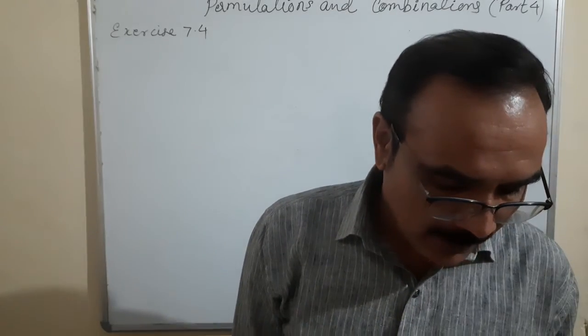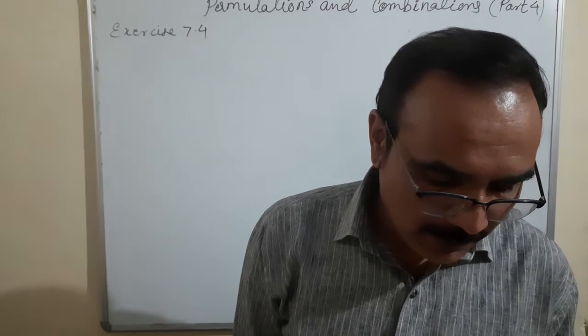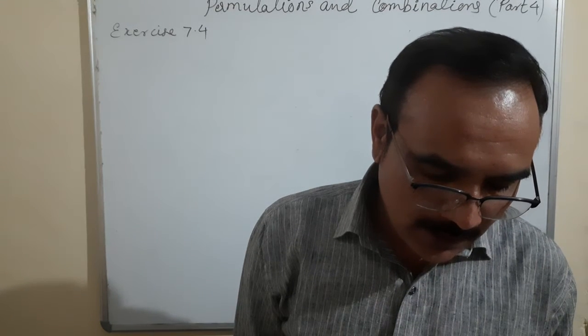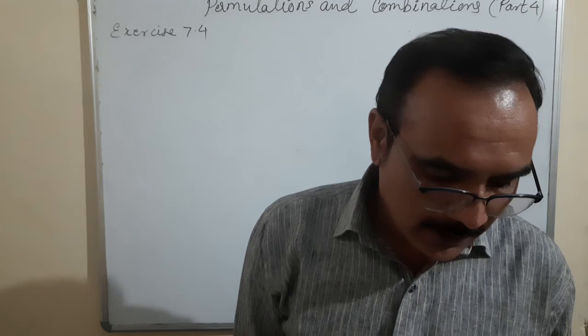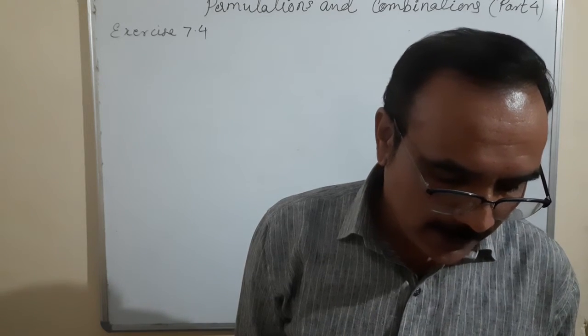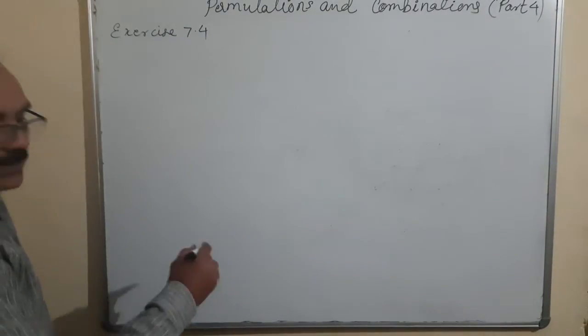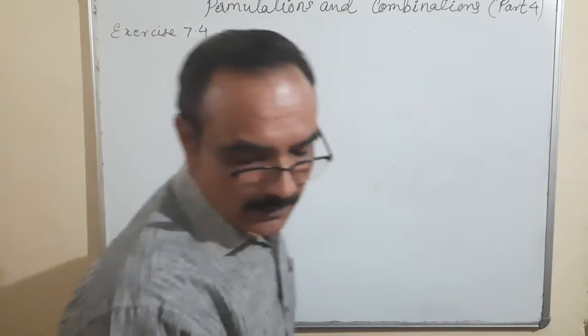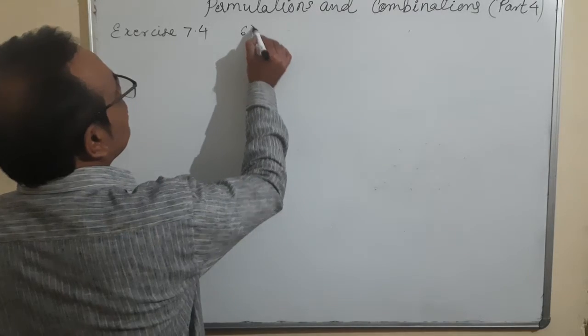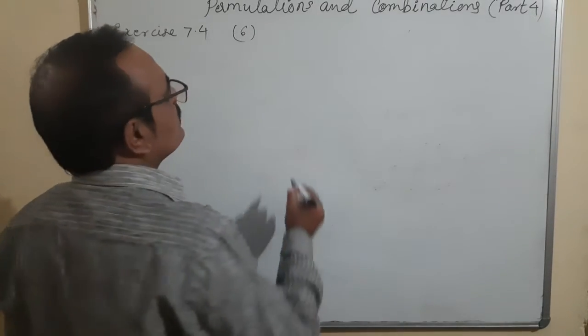Sixth question I am taking. Determine the number of 5 cards combination out of a deck of 52 cards if there is exactly one ace in each combination. Question number 6. A deck of 52 cards.